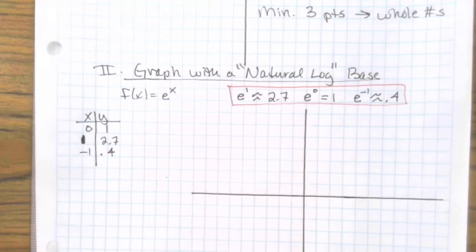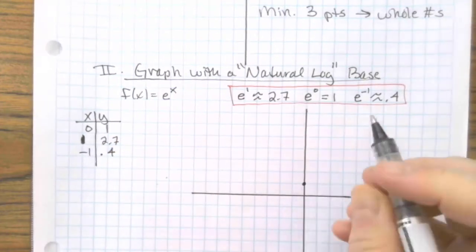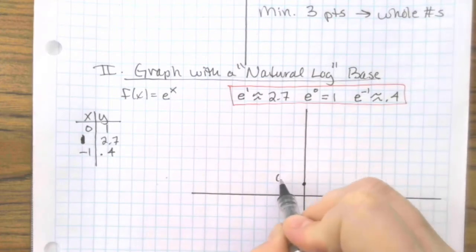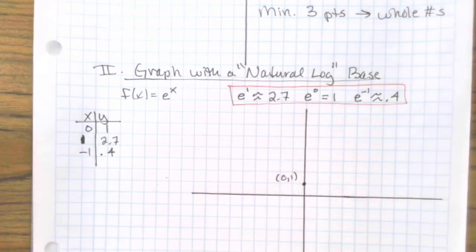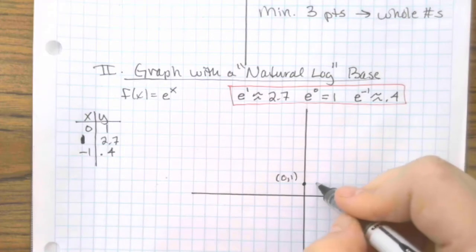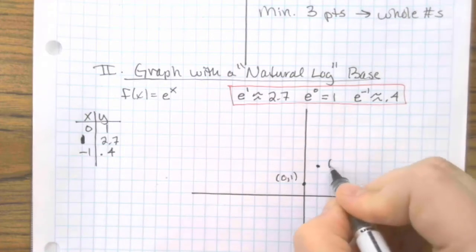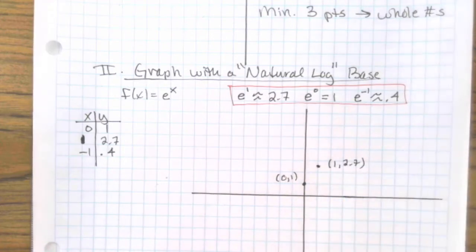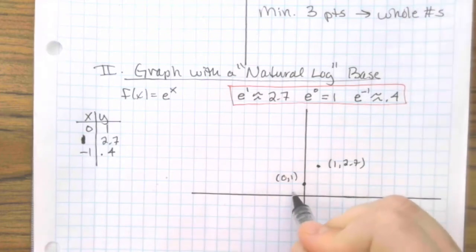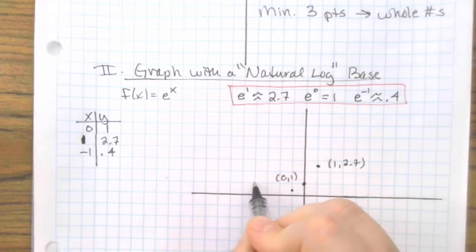So if I graph those, of course, 0, 1, there is our number that rarely changes. Then I have a 1 and a 2.7, and a negative 1 and a 0.4.